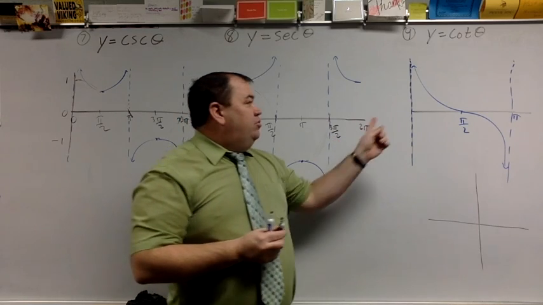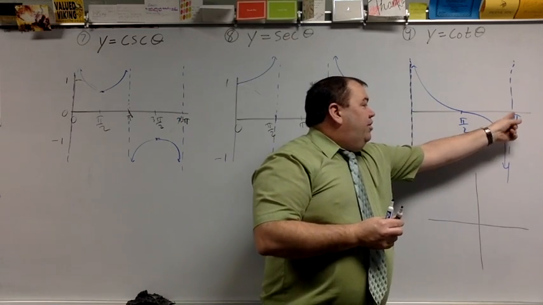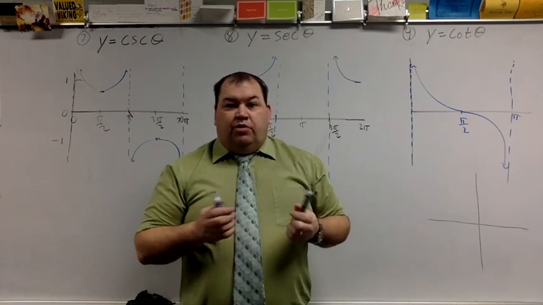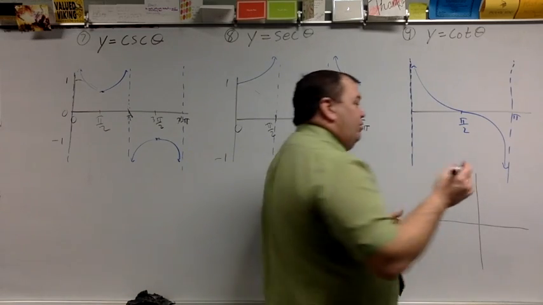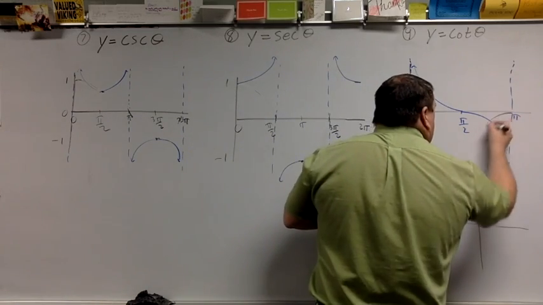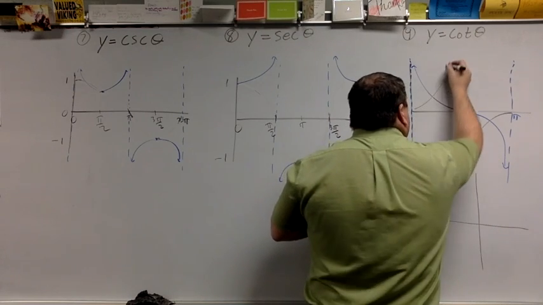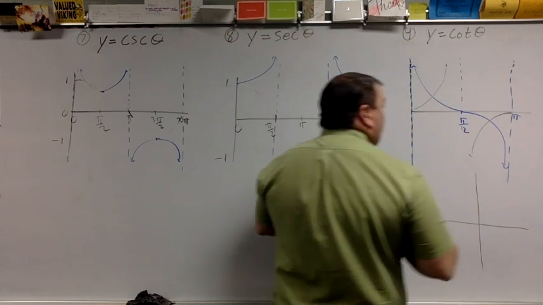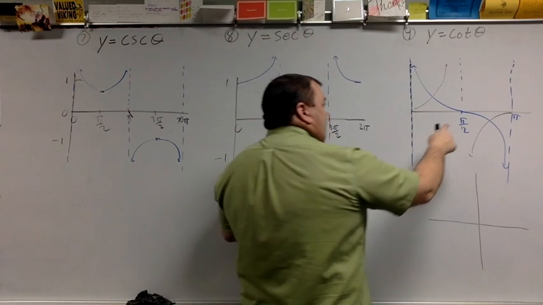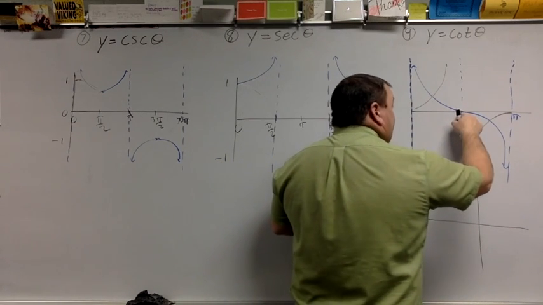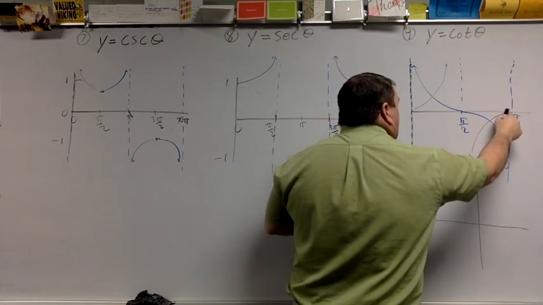Okay, places where it used to cross, one up, one down, those are now where the asymptotes are at. So if you don't remember, tangent had one here and one here with an asymptote in between.